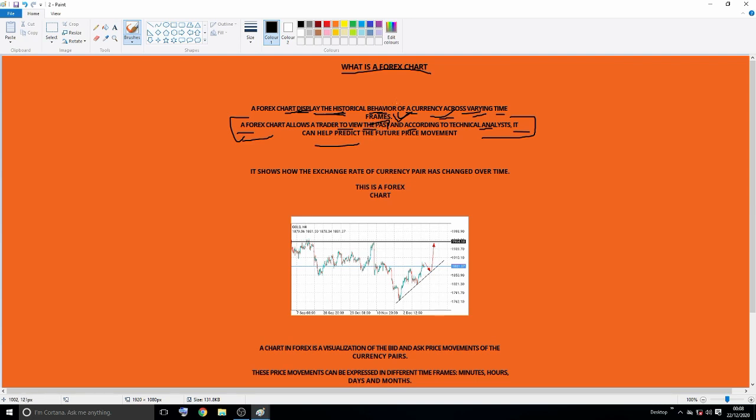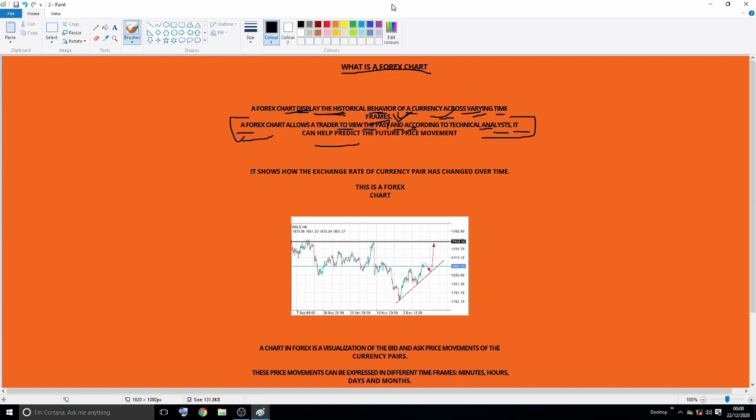It allows you as a trader to view the past, to see what happened the past few weeks, the past few months, the past few days, the past few years, on the particular currency pair or whatever that you are trading. And according to technical analysis, it can help predict the future price movement.